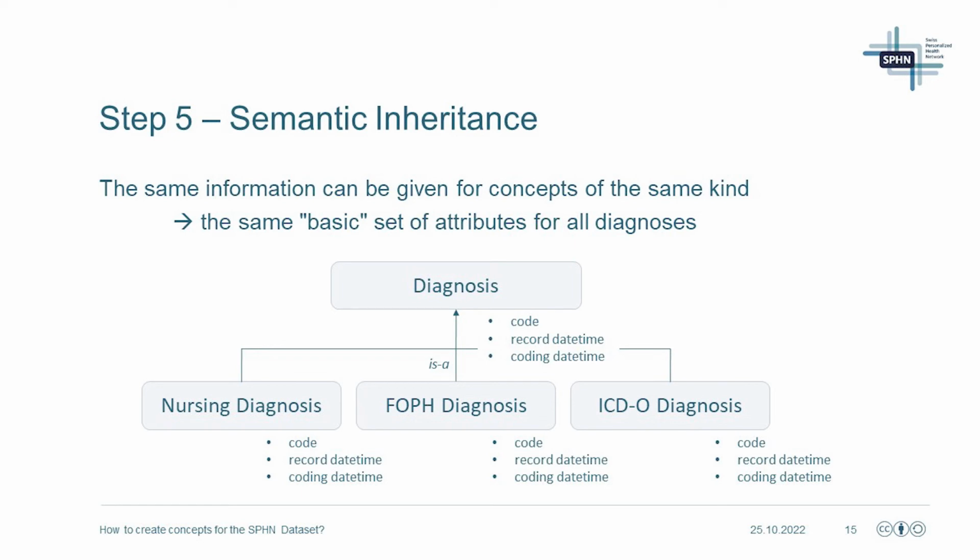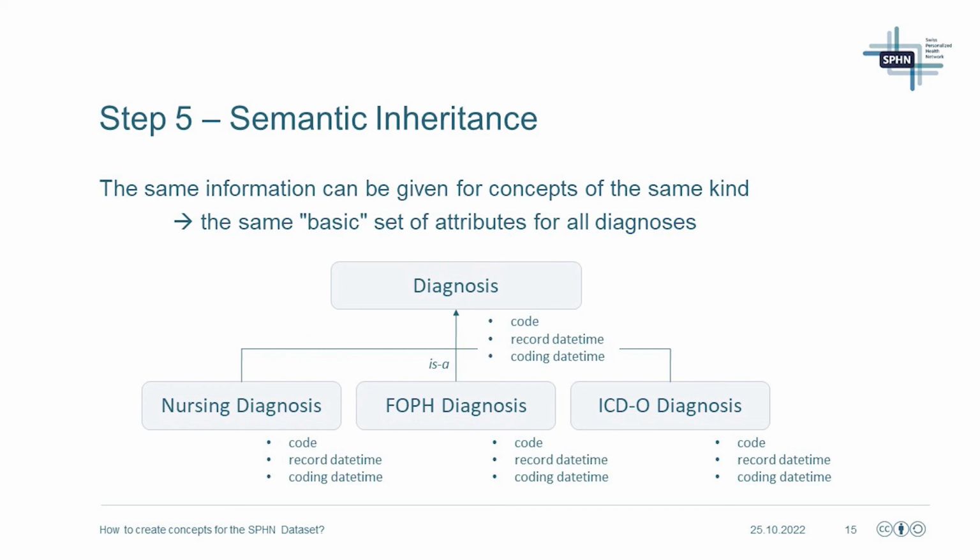The last guiding principle I would like to highlight is the so-called semantic inheritance, and here we move to another example. What does it mean, semantic inheritance? In the SPHN dataset, we have, for example, several kinds of diagnosis concepts: nursing diagnosis, FOPH diagnosis, ICDO diagnosis.